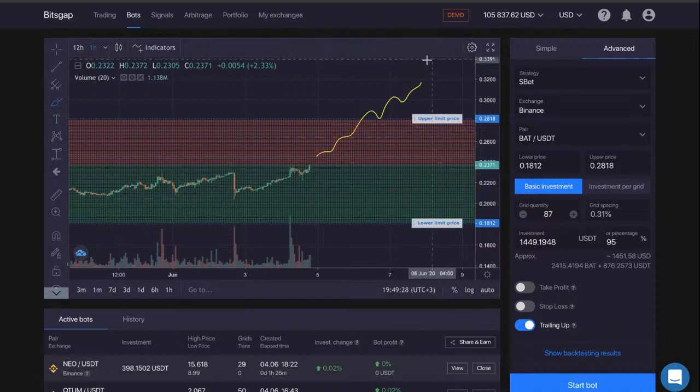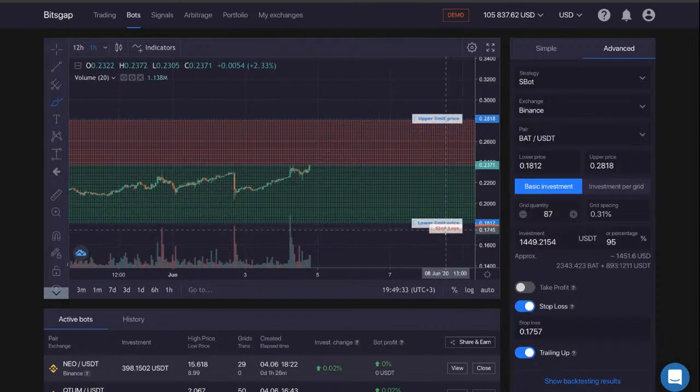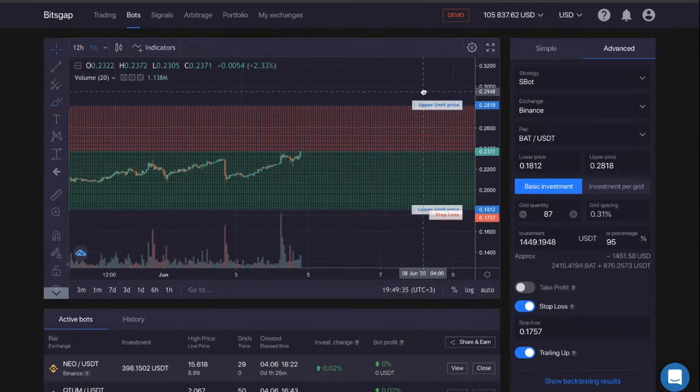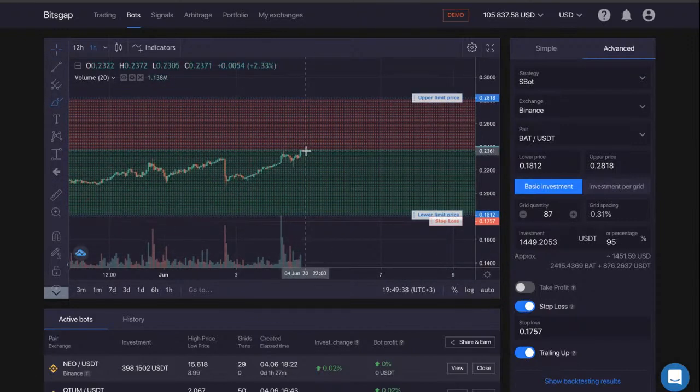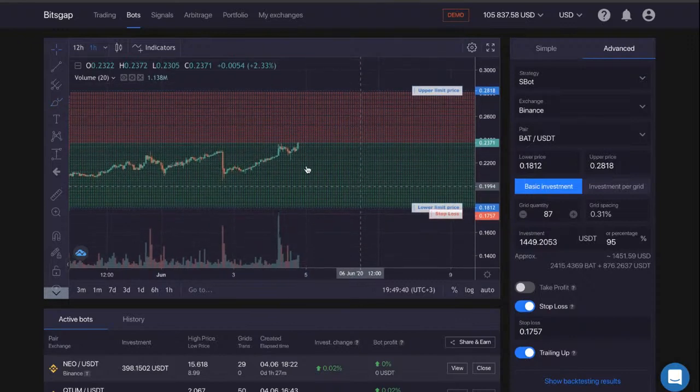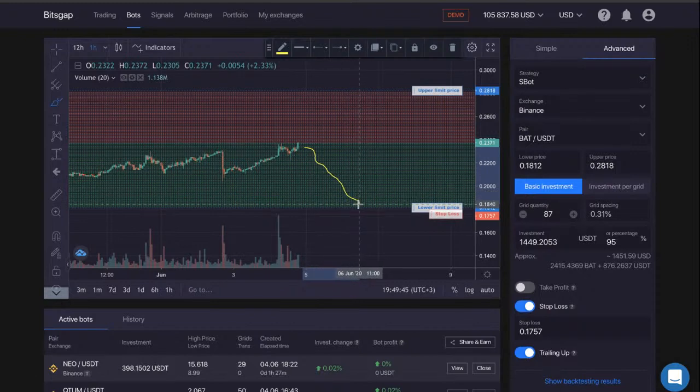And most importantly, I have stop loss on, so that means that in case the price starts moving downwards, it goes lower, it breaches the bottom limit, and then finally it triggers the stop loss right here where we placed it. So that means that the bot will automatically sell all of the base currency to quote currency.